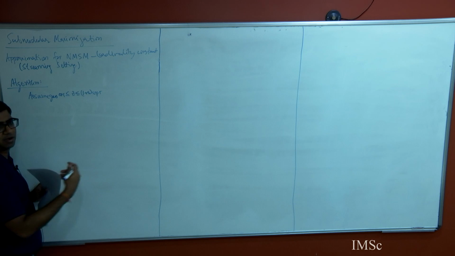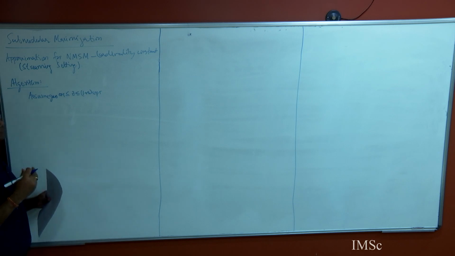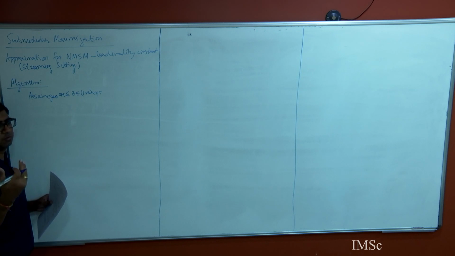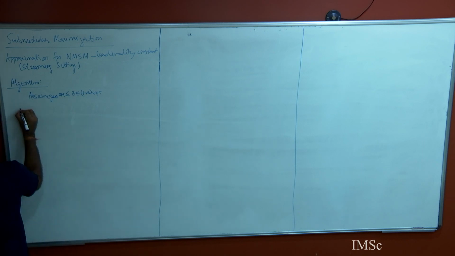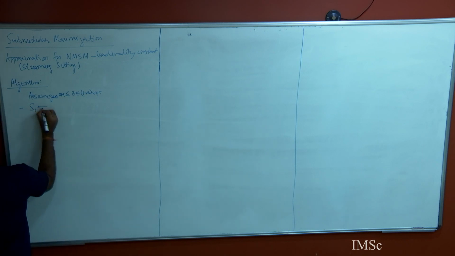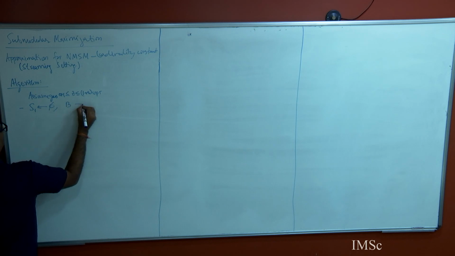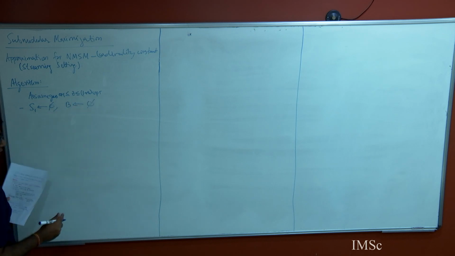Otherwise, we can do this in parallel by running 1 plus epsilon to the power 0, 1 plus epsilon to the power 1, 1 plus epsilon squared, and so on and so forth. Okay. So now we are going to maintain two sets. S1 is going to be phi, and B, another set, is going to be phi.